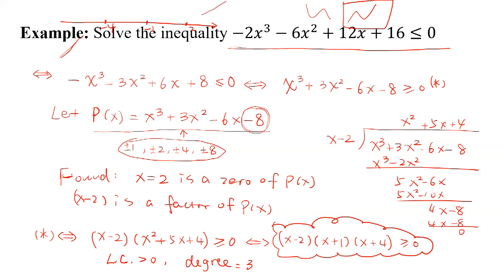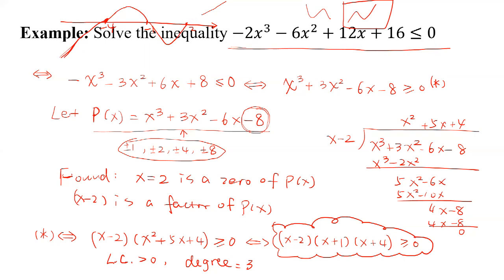When it comes to -4, -4 is a zero with an odd order, so the function will change its sign. It crosses this point and then comes to the next zero, -1. -1 also has an odd order, so the function will change its sign, going all the way down, and then to the next zero, x being 2.